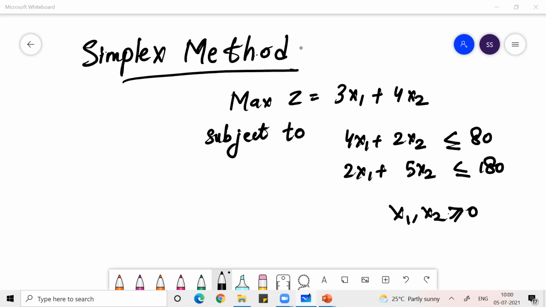So here, when we work on the simplex method, we use algebraic methods to solve the given equation. We construct the given table in the form of a matrix, and then we try to solve the problem.